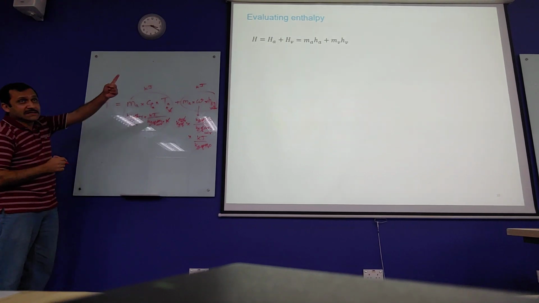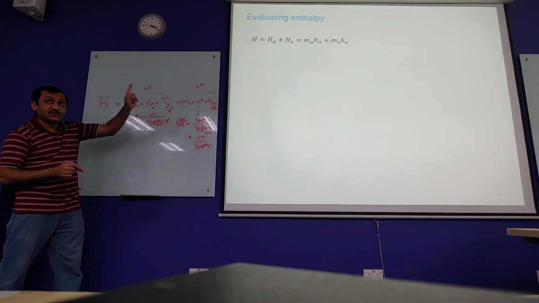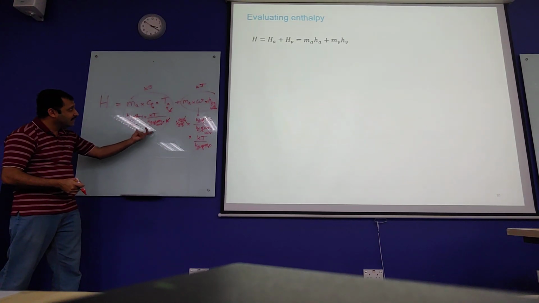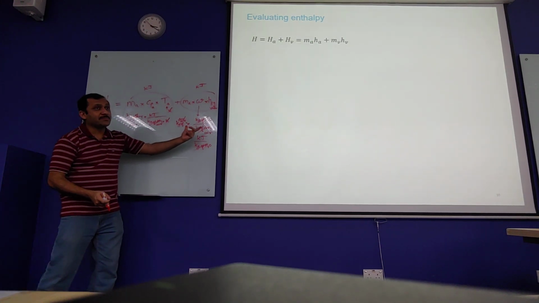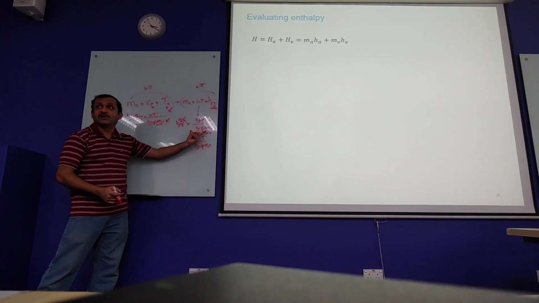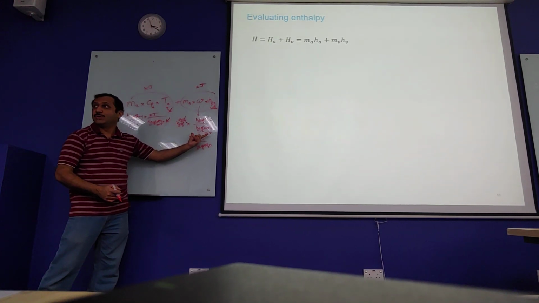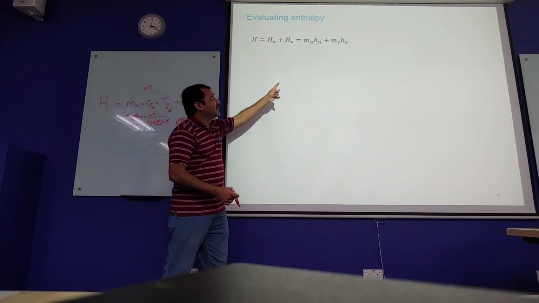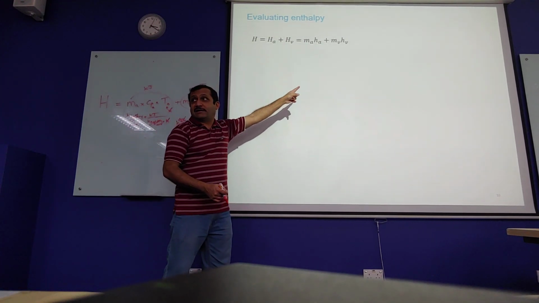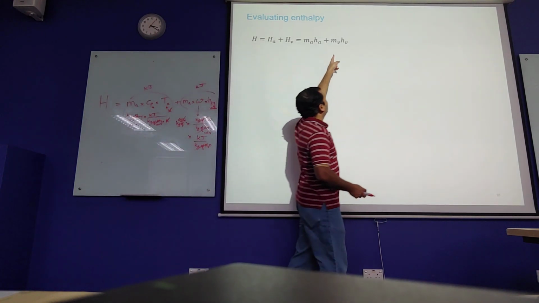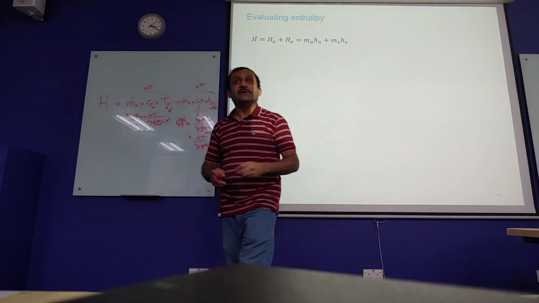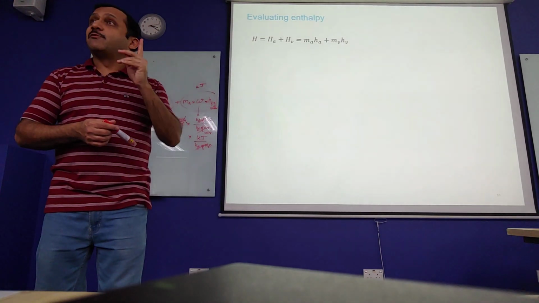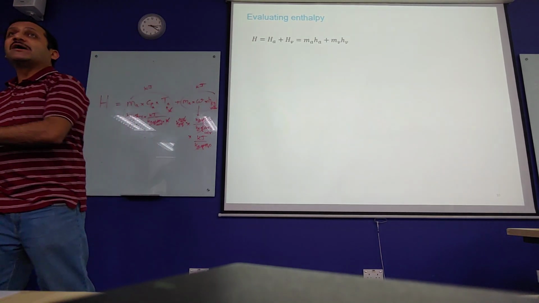So enthalpy of moist air is equal to enthalpy of dry air plus enthalpy that is contributed due to water vapor or moisture within the air. Is that clear? Now the most difficult part is to estimate the mass of water vapor. It's almost impossible to estimate the mass of water vapor. But what we can estimate is the total mass of air.